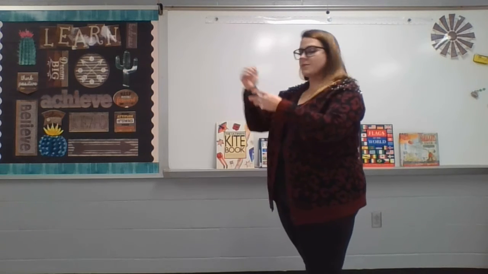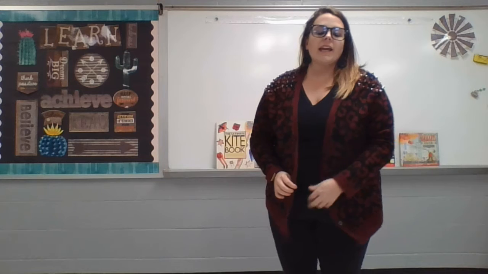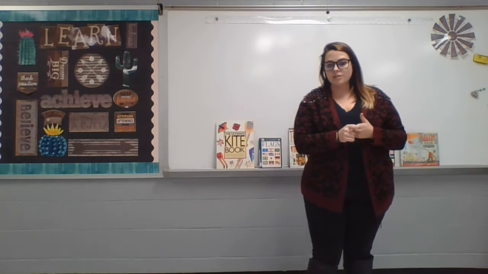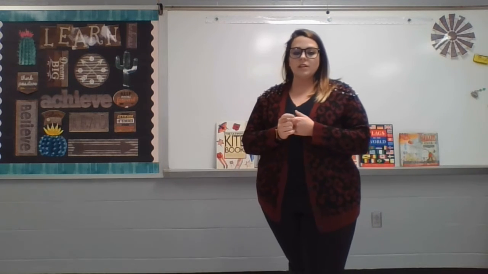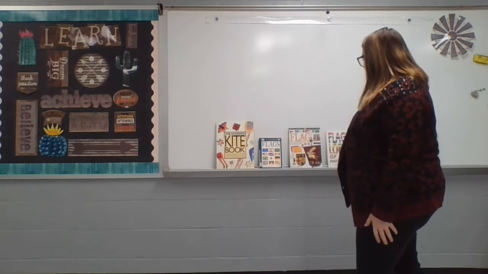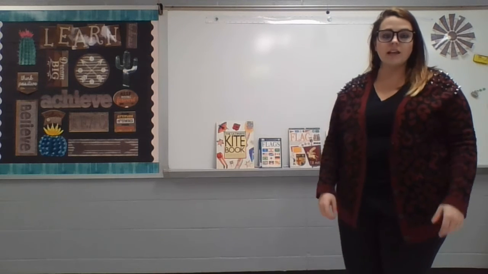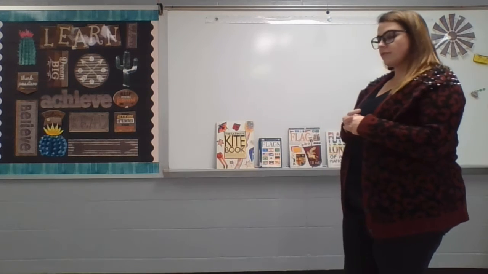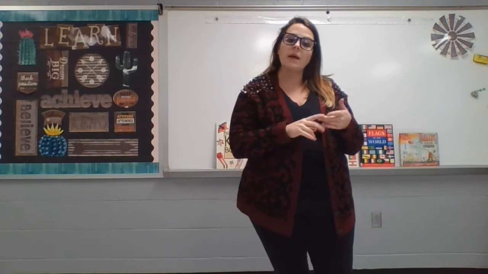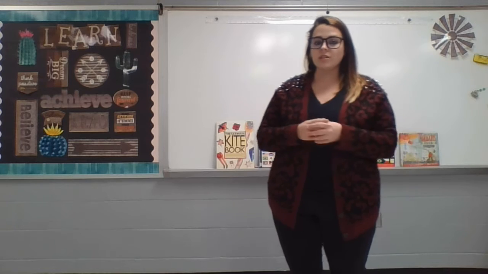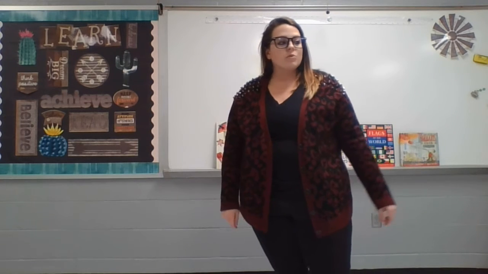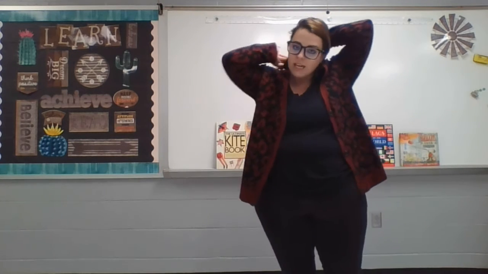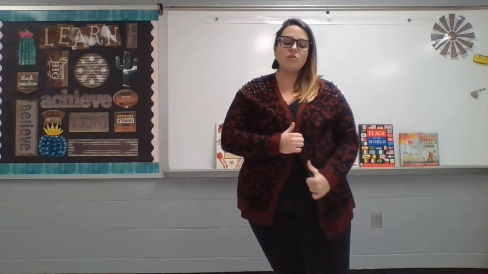A kite comes off of a string, and you're going to do your research on the culture, and then you're going to create a kite that represents that culture. We're going to use different items. We have some fabric, some paper, glue, scissors, and we're going to be able to create something that represents that culture.